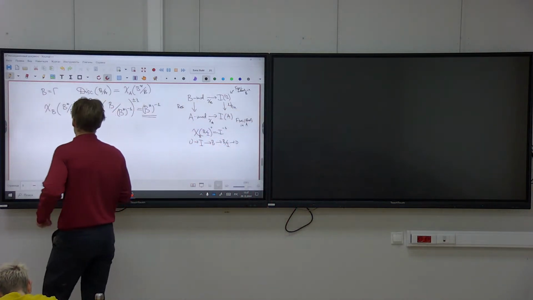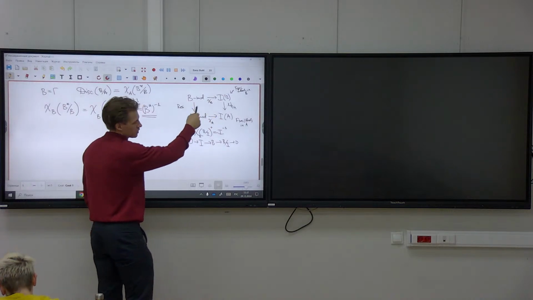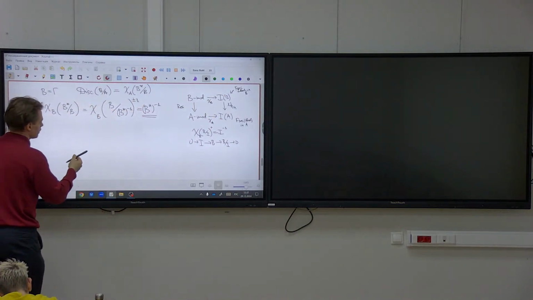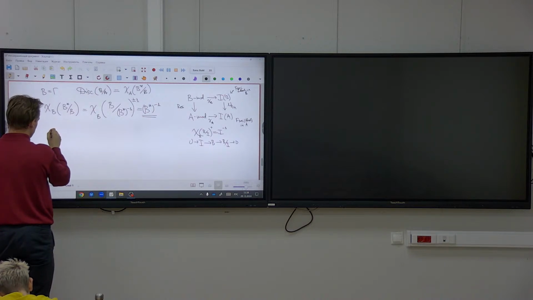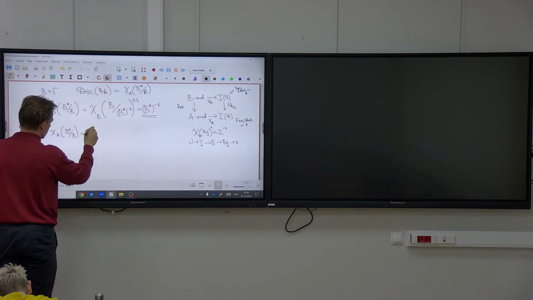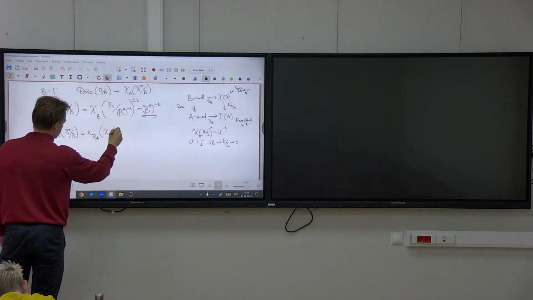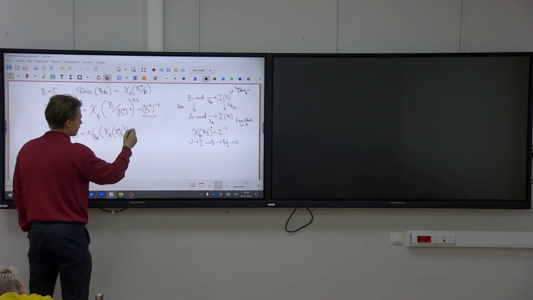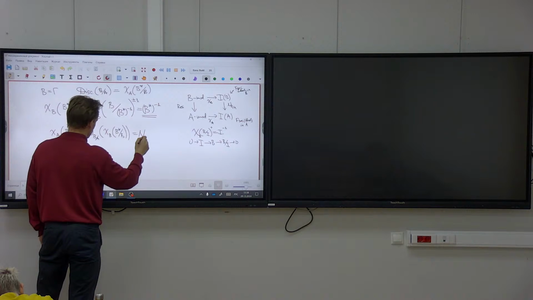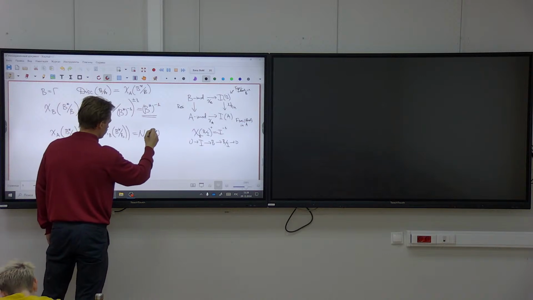So in particular, you see that if you apply this commutative diagram, on one hand chi of A of B star over B is just the norm of chi of B. And by this equality, it is just the norm of B to the power A of B star inverse.